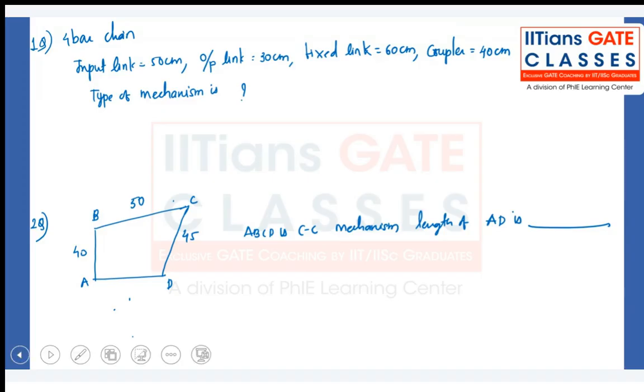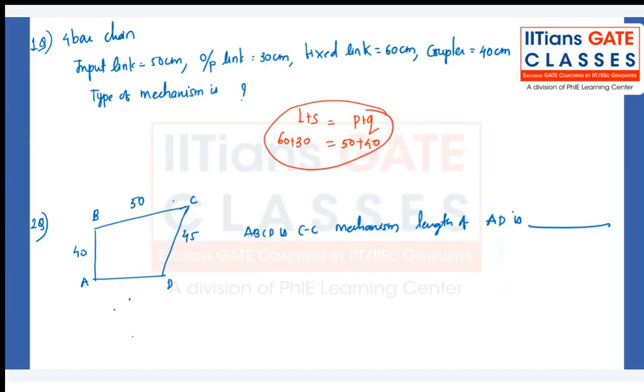Let's first of all check it. What is the longest link? Longest plus shortest has to be less than or equal to the other two. We'll check the relationship. Longest is 60, shortest is 30, and it is equal to the other two, 50 plus 40.